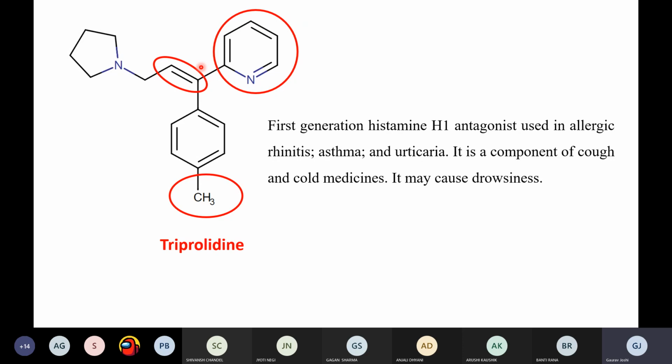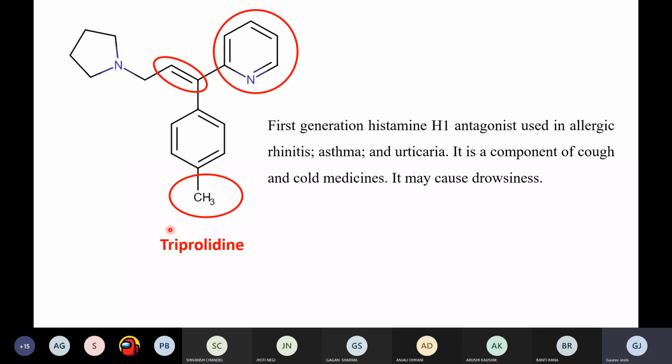This is the first thing to remember, right? The second thing they have done is cyclize the nitrogen, right? And the third thing they have done is replace the halogen with a methyl group at the fourth position, right? So this is one of the common features, right?